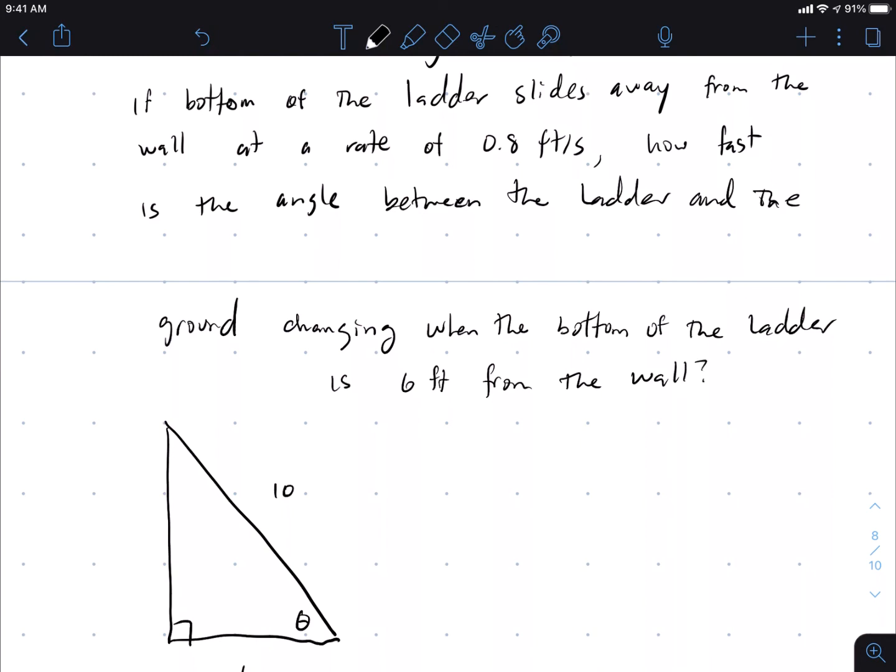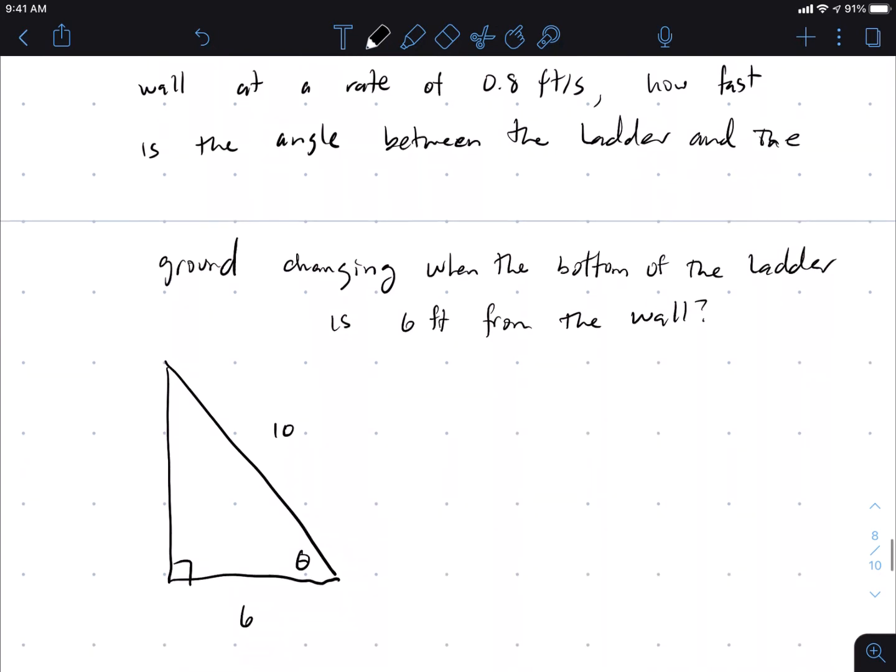That makes it clearer, right? I just want to have it completely clear for you guys so that you guys see that.